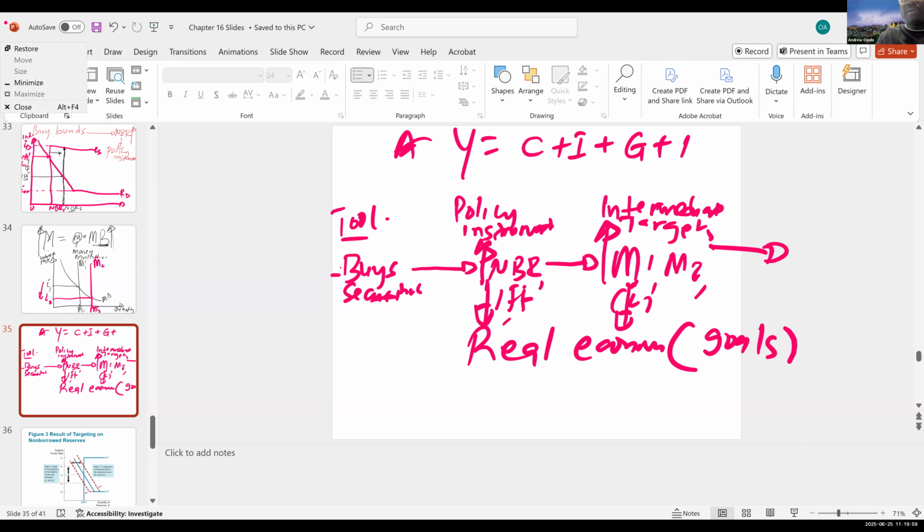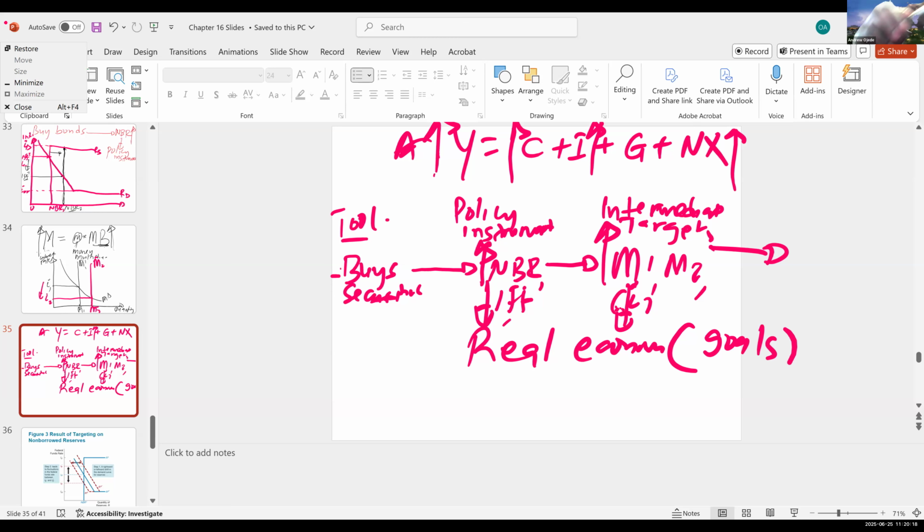You know this equation from your baby economics class. So when the Fed has decreased the market interest rate, what do you think is going to happen to investment? Investment is going to go up because interest rates are low. Companies can borrow more money at a lower interest rate. Consumer spending is going to increase. Net exports are going to rise with lower interest rates. That means GDP is going to go up. And once GDP goes up, that's how the Fed is going to solve the recessionary problem.